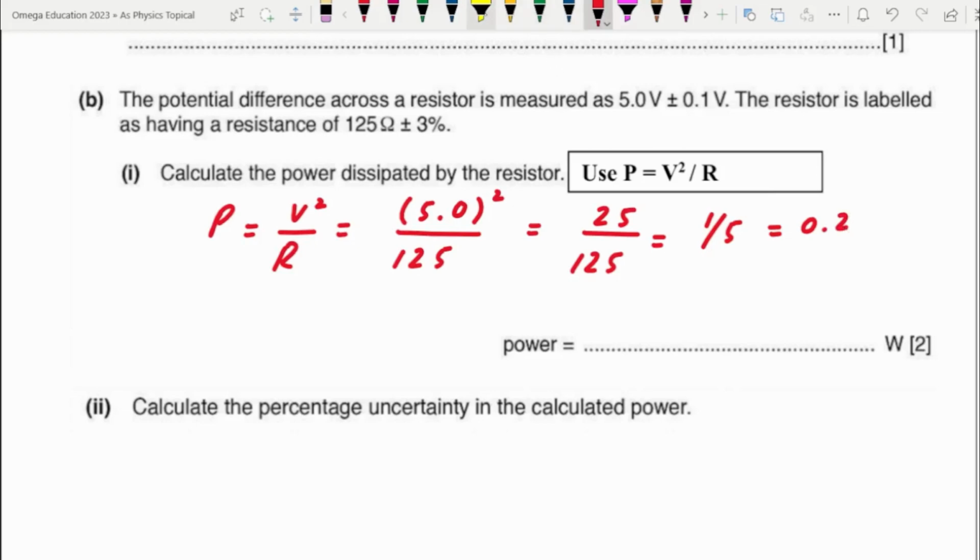And I'm going to write the answer in the least number of significant figures, which is 2. So 0.2 would be written as 0.20. This is a very common mistake. Many students would be tempted to write 0.2 as the right answer, but you have to write your answer in 2 significant figures because the least number of significant figures is 2.